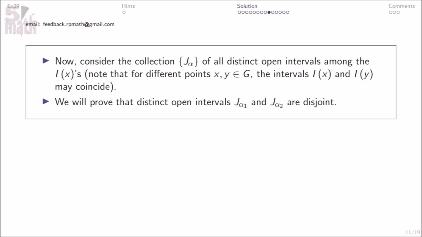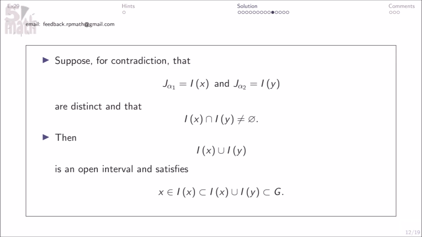Now consider the collection J alpha of all distinct open intervals among the I of x's. Note that for different points x, y in G, the intervals I of x and I of y may coincide. We will prove that distinct open intervals, here and here, are disjoint. Suppose, for contradiction, that this and that are distinct, and that this.